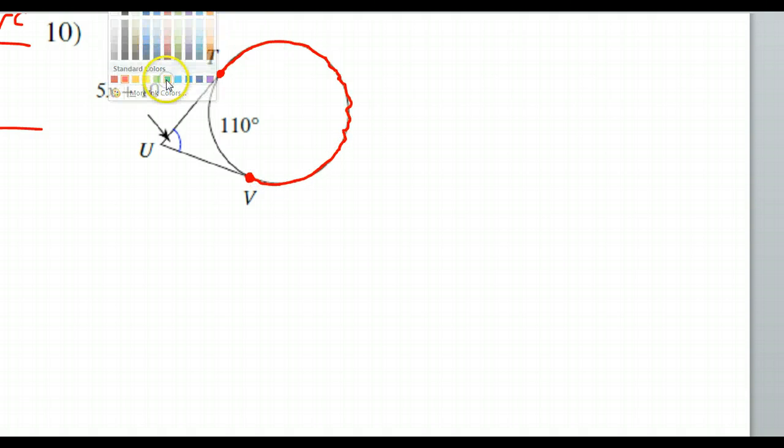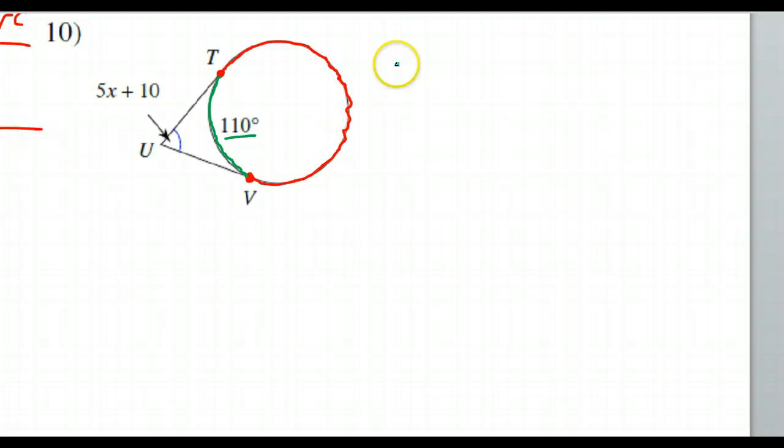And then the small arc is like this. They gave us the small arc, so as you've seen us do many times, to get the big arc we will simply do 360 minus the 110. Okay, so that's why this is going to be 250.